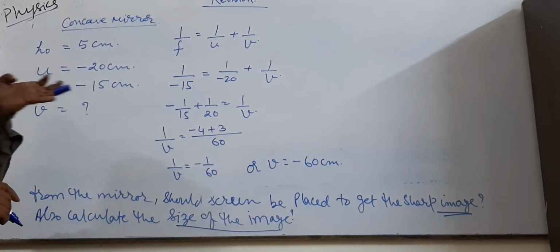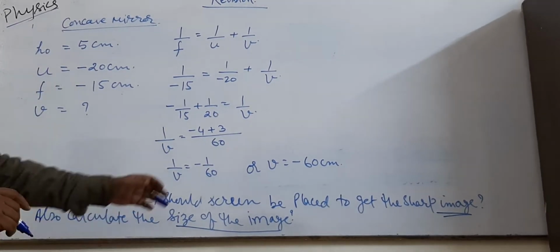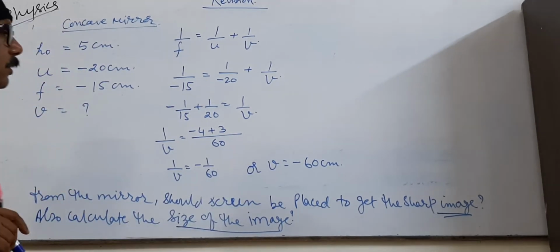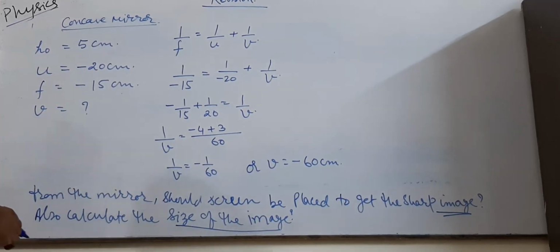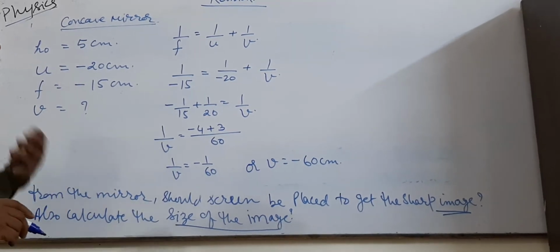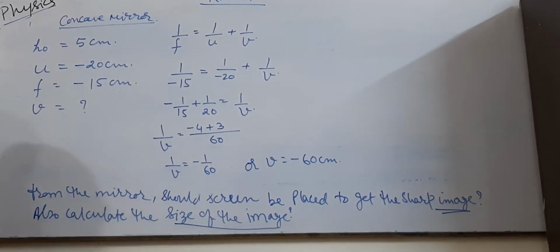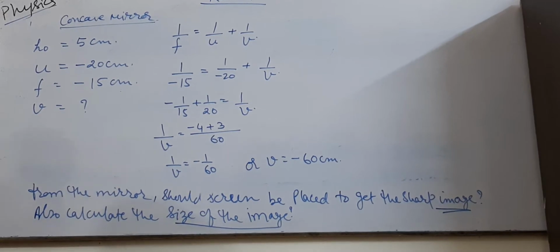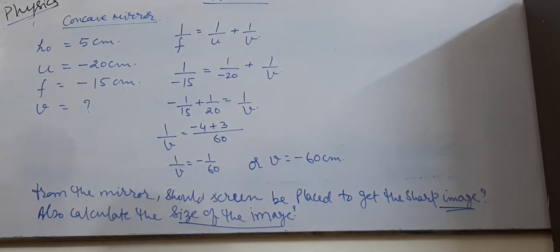Image distance is minus 60 centimeter. It means that image is formed on the same side of the mirror and it is real image.